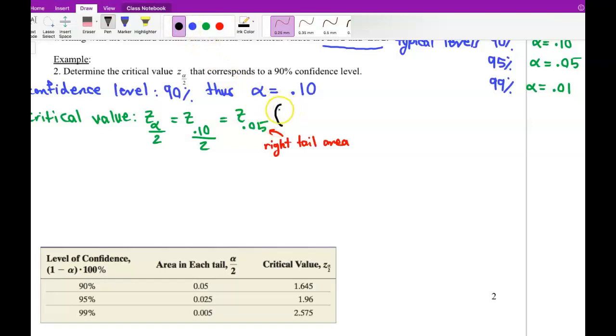Okay, so adding notes on this part, z score. The z score that corresponds to 0.05 area to the right. So this is what that means.